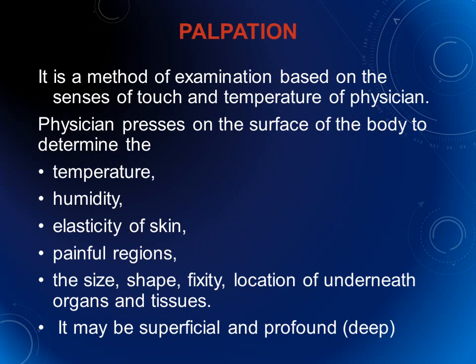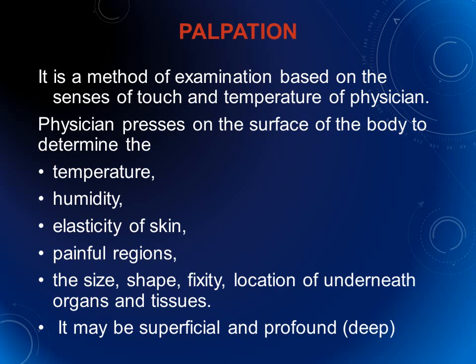And now in brief about palpation, the second step of objective examination. Palpation is a method of examination based on the senses of touch and temperature of the physician. The physician presses on the surface of the body and determines temperature, humidity, elasticity of skin, painful regions, and also size, shape, fixity, and location of underlying organs and tissues.